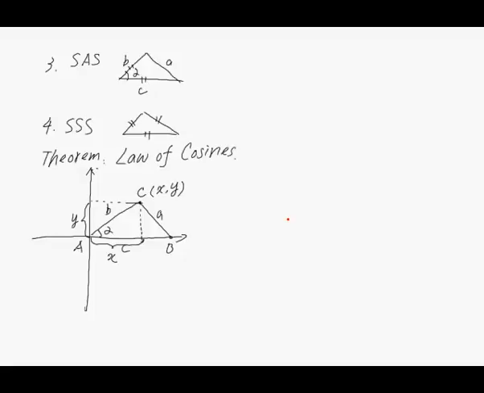If the alpha is an obtuse angle, then we have the picture like this.